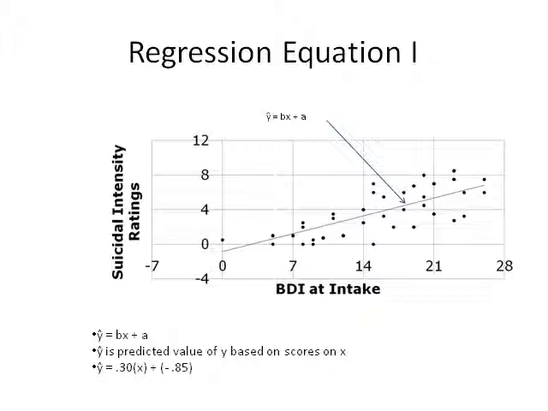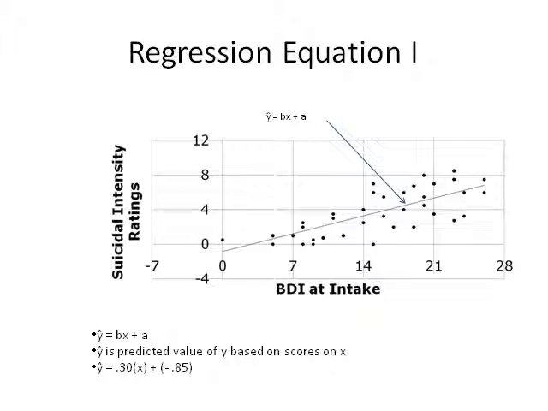Let's look at each element of this formula and see how we use it in regression statistics. Y hat is the predicted score on y for every value of x. Essentially, it connects every predicted score on y in a straight line and is then drawn through the plot of scores on x and y for all participants, as you can see in this slide.